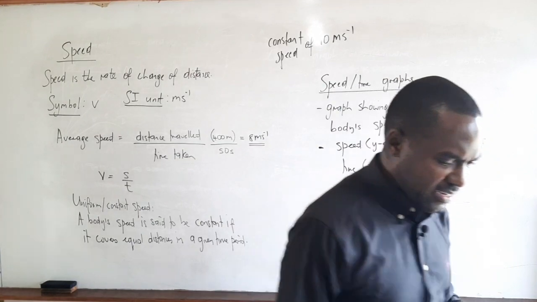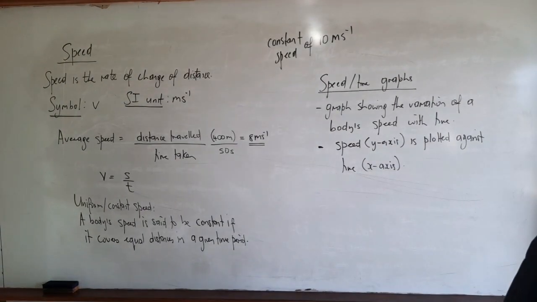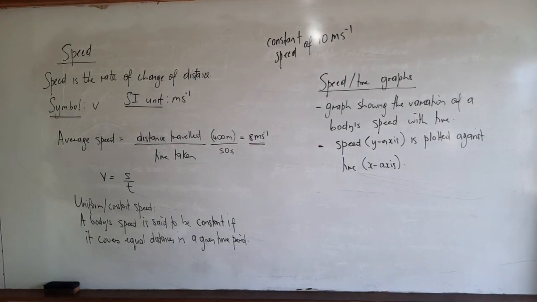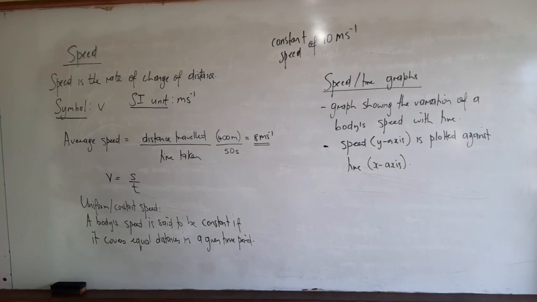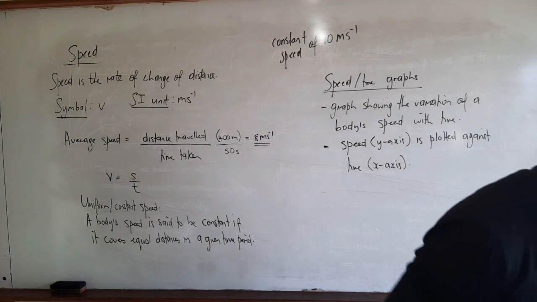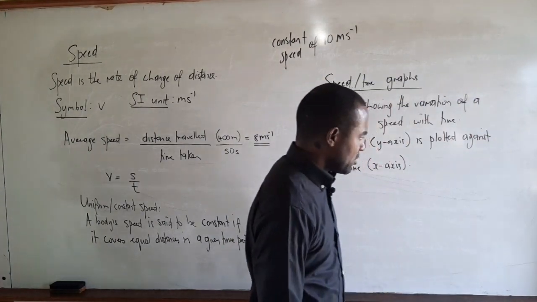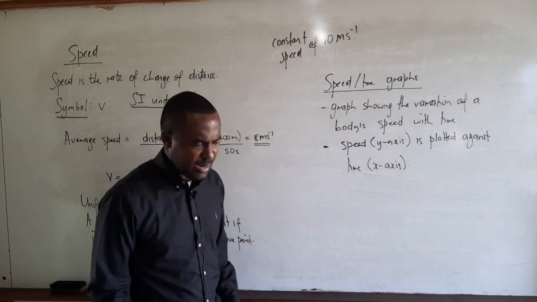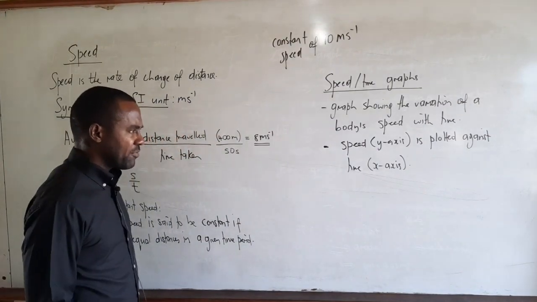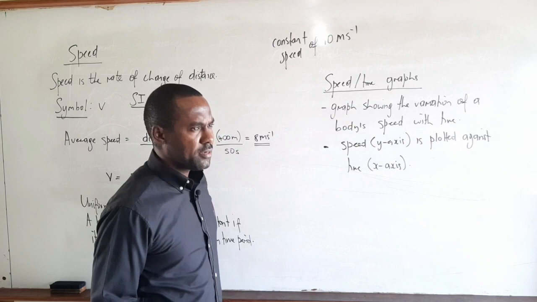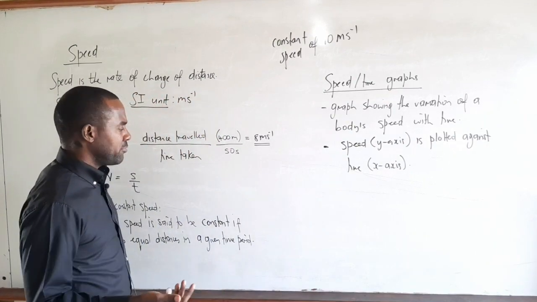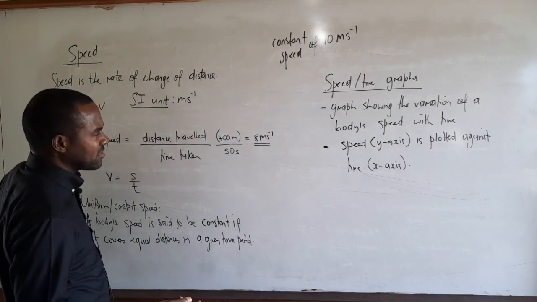So, whereas the SI unit of distance is a meter, and that of time is the second, it is not uncommon to see different units being used, especially with these graphs, right? So we'll look at a basic speed time graph and we'll analyze the graph and we'll talk about how the body's speed is changing and if it is accelerating or the point at which the body is accelerating and so on.